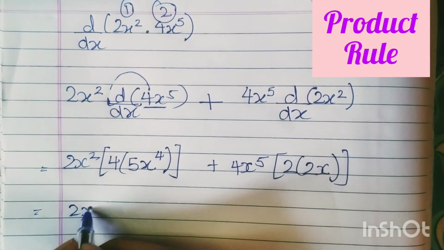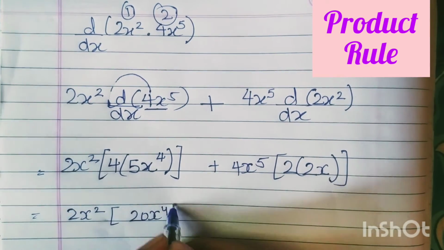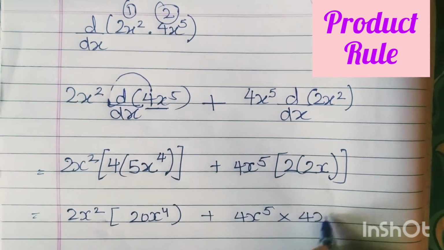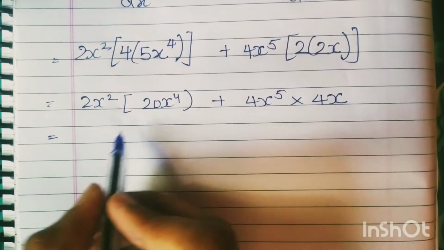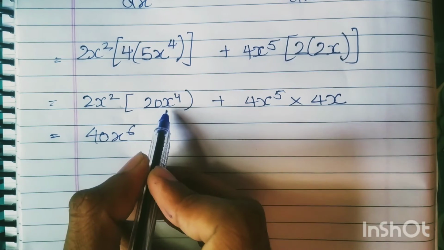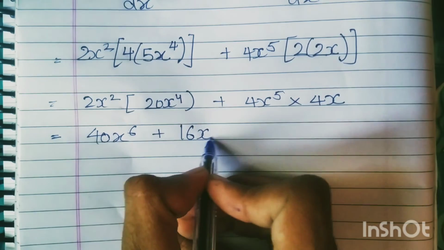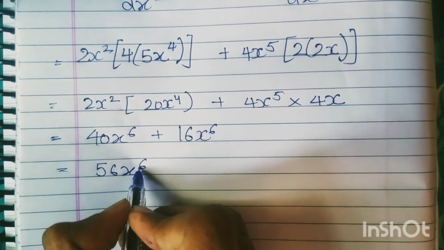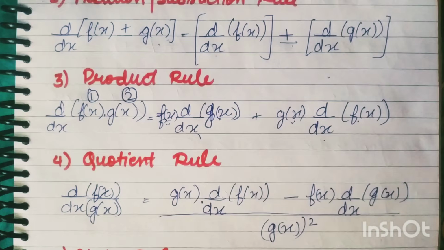Next step will be 2x square, then 5 times 4 is 20, x raised to the power of 4, plus 4x^5 into 4x. Next step, multiply: 2 times 20 is 40, x raised to the power of 6, x square times x^4, plus 4 times 4 is 16, x raised to the power of 6. This will become finally 56x raised to the power of 6, and finally that is your answer.